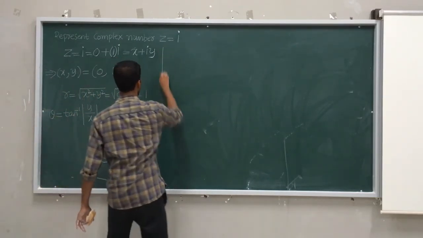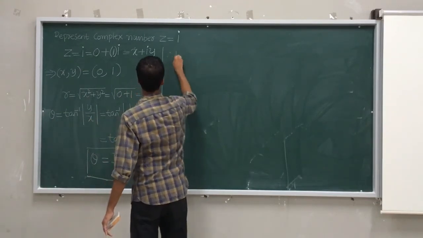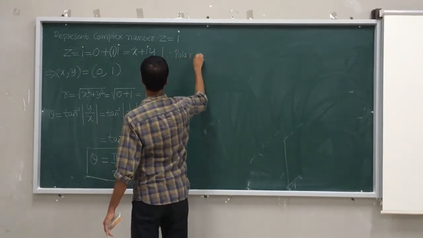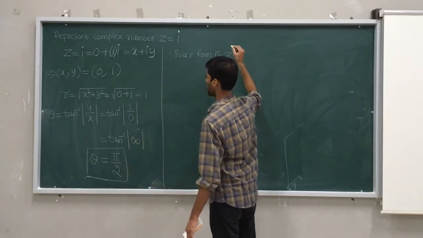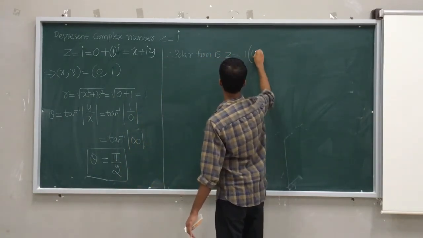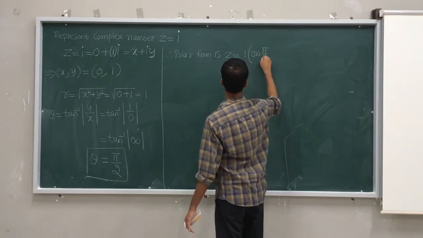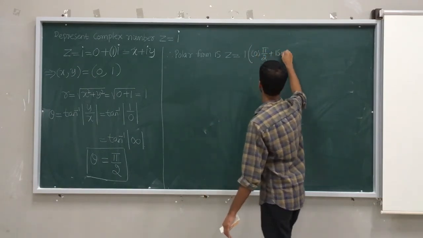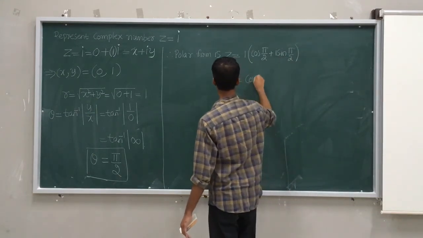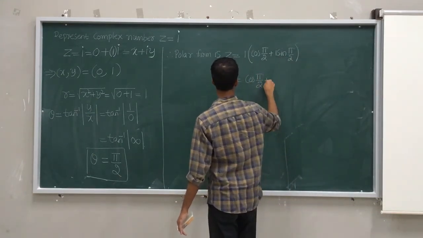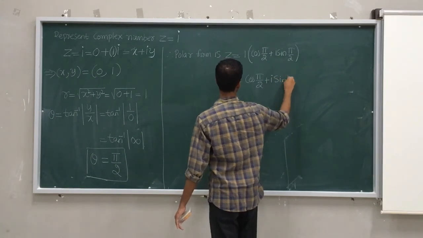Therefore, the polar form is z equal to r, which is 1, into cos pi by 2 plus i sin pi by 2. In short, I can write it as cos pi by 2 plus i sin pi by 2.